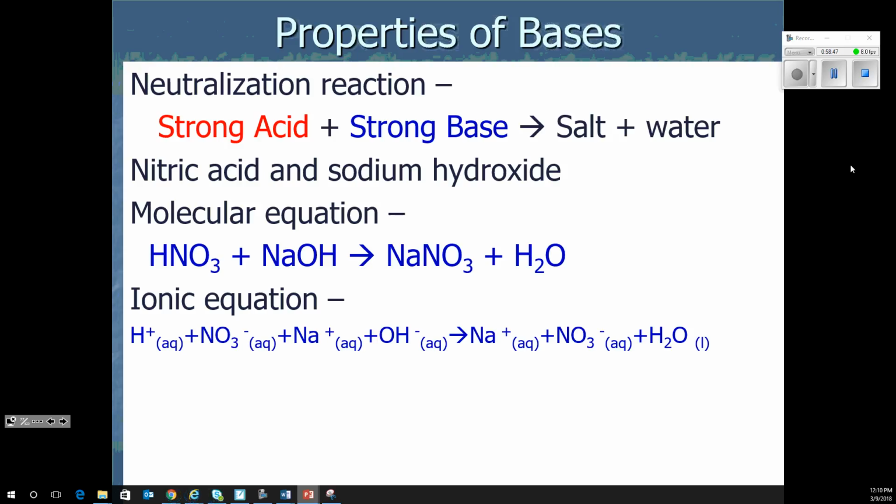For those of you that are struggling, I put the ionic equation on the board. If you are not struggling, check it, make sure you've got that right, and then do the net ionic equation. Remember, circle your spectator ions. The things that are exactly the same on both sides.